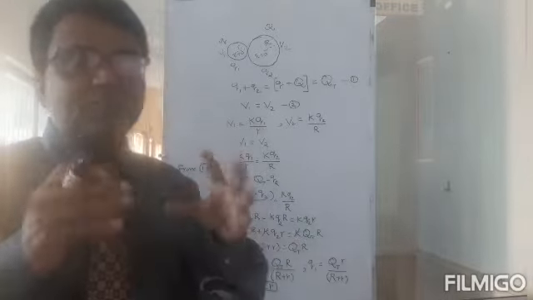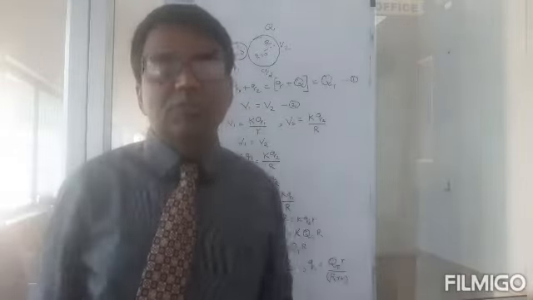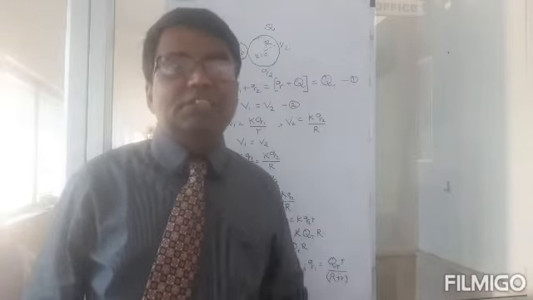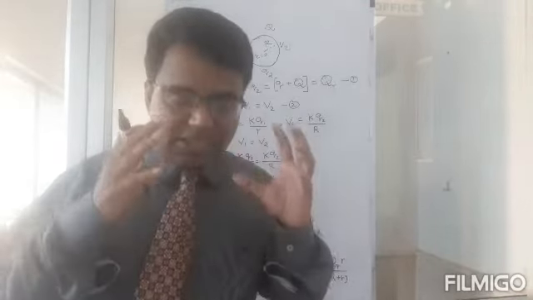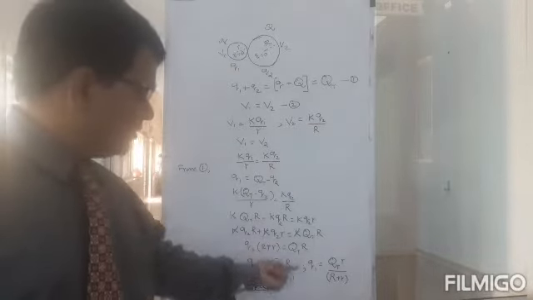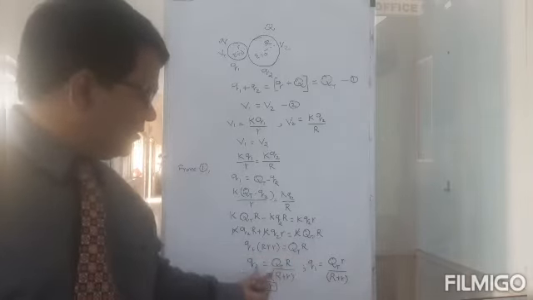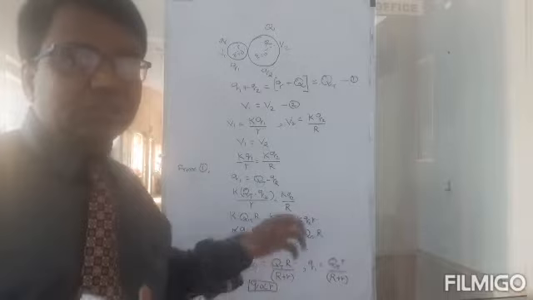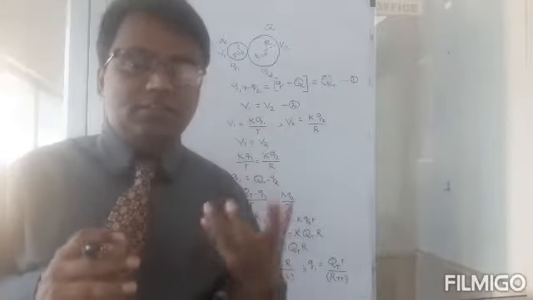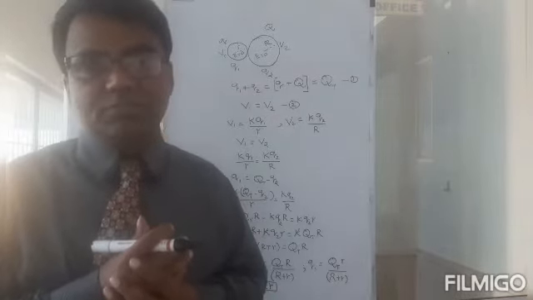So if the spheres are identical, then the charges will distribute equally. But if the spheres are not identical and have different sizes, then depending on the radius, the charge shared by the spheres will be different.